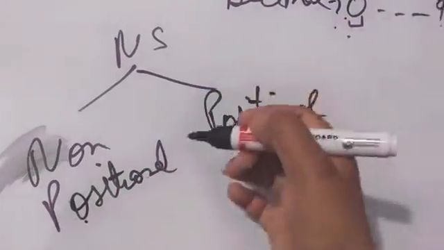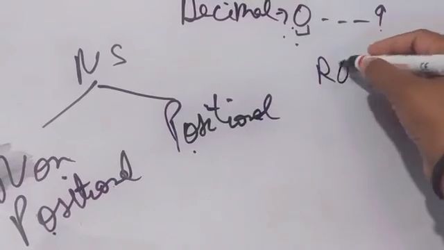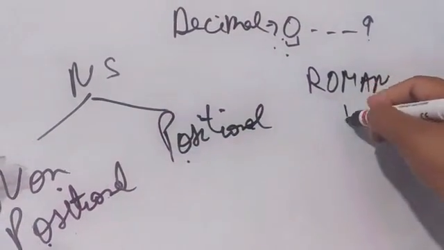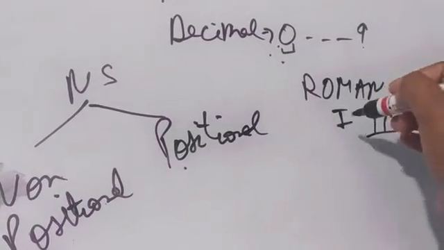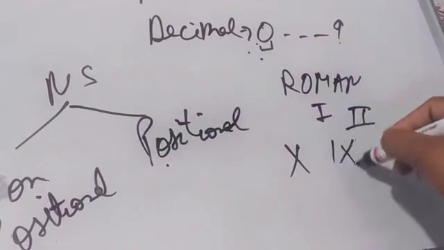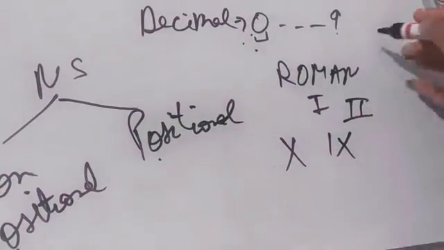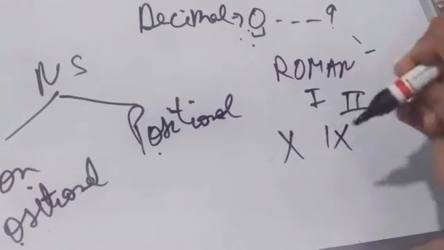What are non-positional number systems? Have you heard about the Roman number system? In the Roman number system, we write 1 as I, then 2 as II, 10 as X, or 9 as IX. These sorts of number systems, or codes like Morse code, were used for coding purposes.